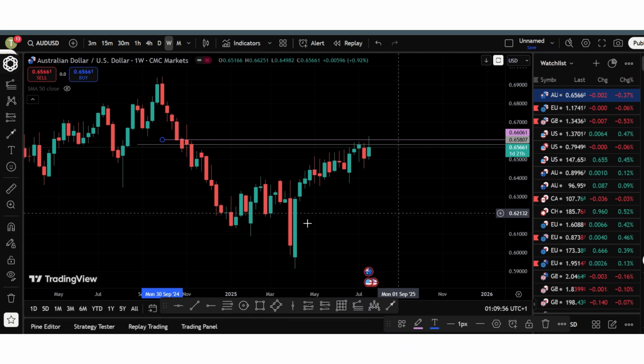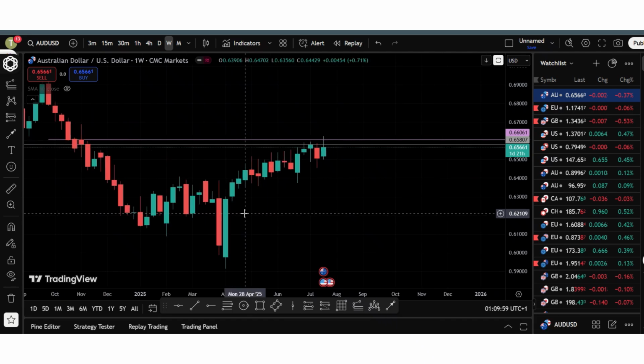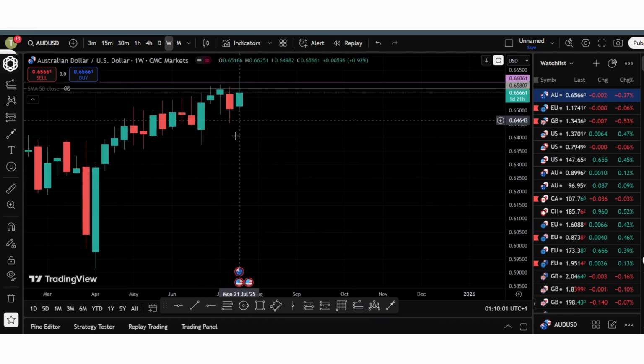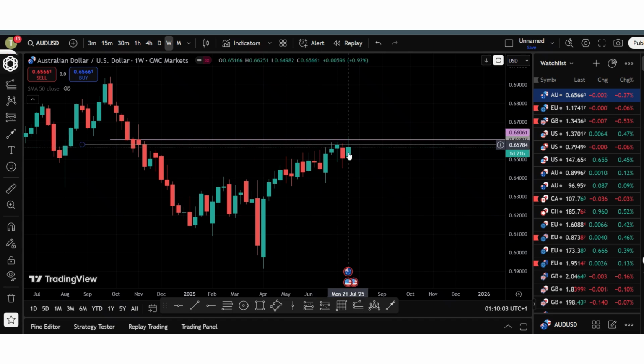You can see the rejection AUDUSD gave on that zone. We rejected it the first time and made a bearish move. The second time we expected to close above it, but we still rejected from it again.